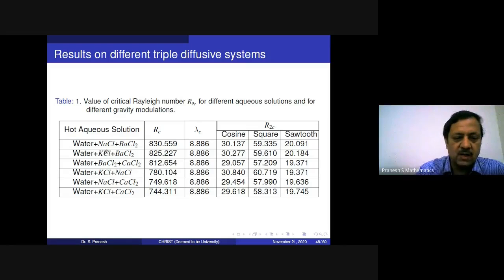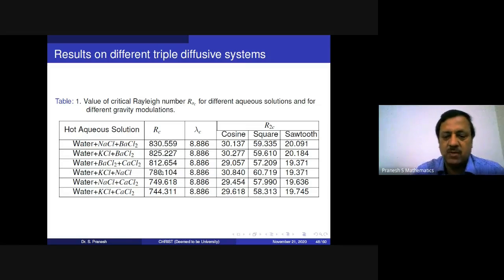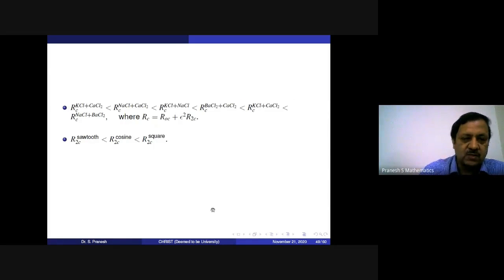We observed that the highest is for KCl and NaCl, and the lowest one we get is for NaCl, CaCl2. That means KCl plus NaCl is the most stabilizing one, and the other one is the destabilizing one. So these are the results here.